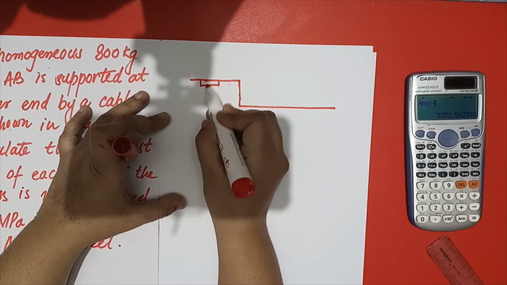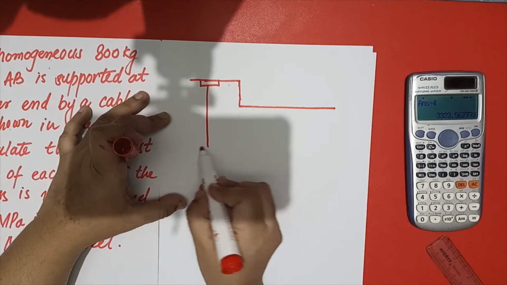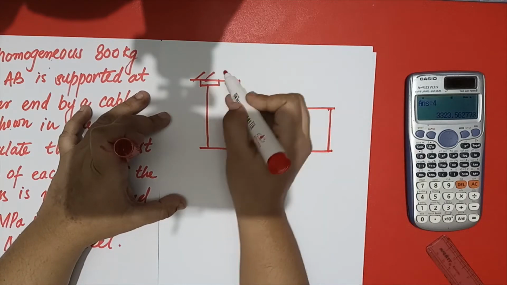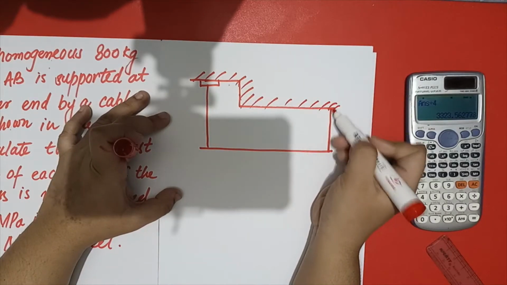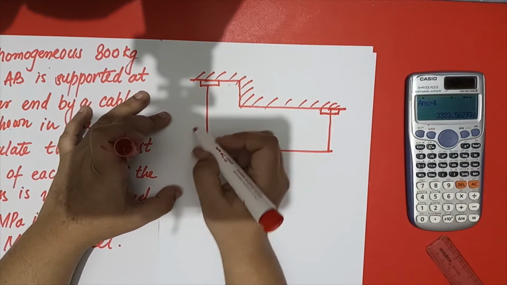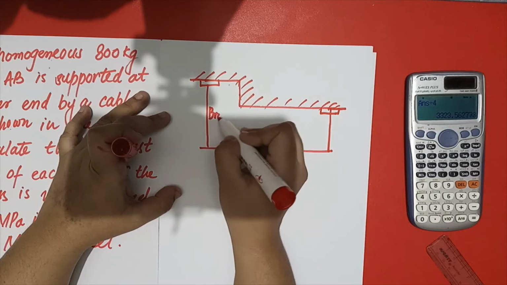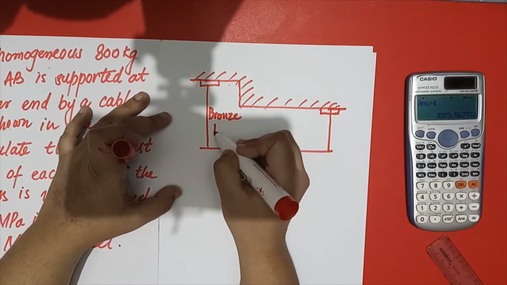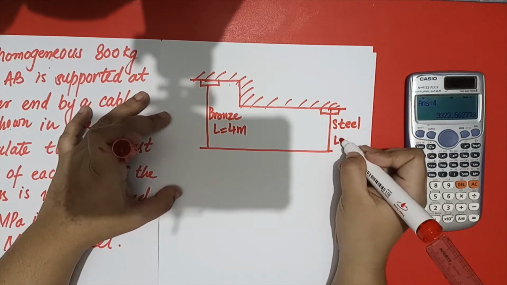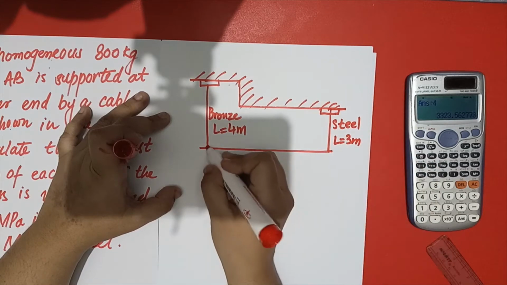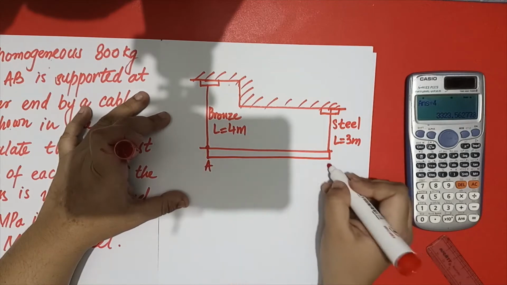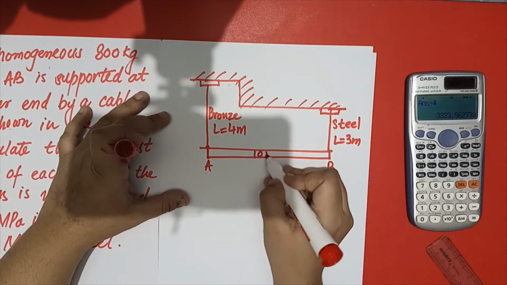This is the bar, and this is the diagram given in the question. It is in the book of Singer. Here the rod material is bronze, L equals 4 meter. This one is steel, its length is 3 meter. This is A and this one is B, and this is 10 meter.